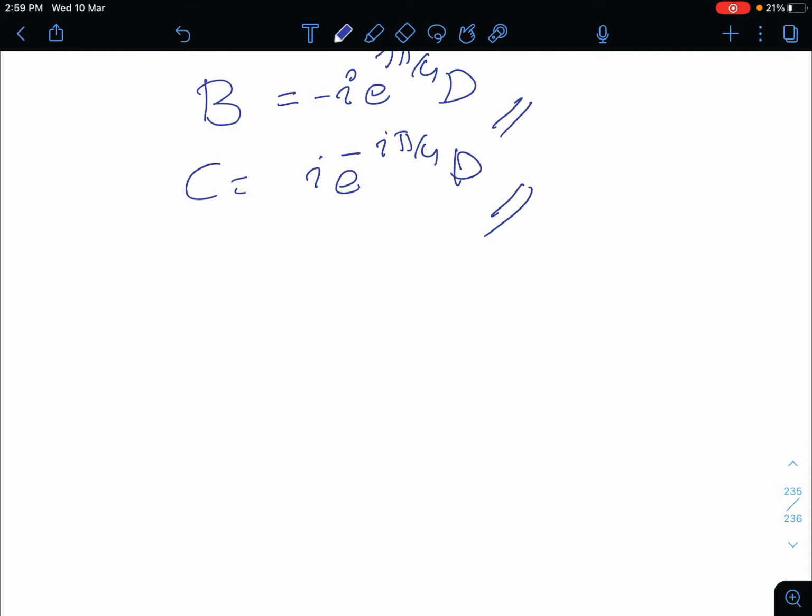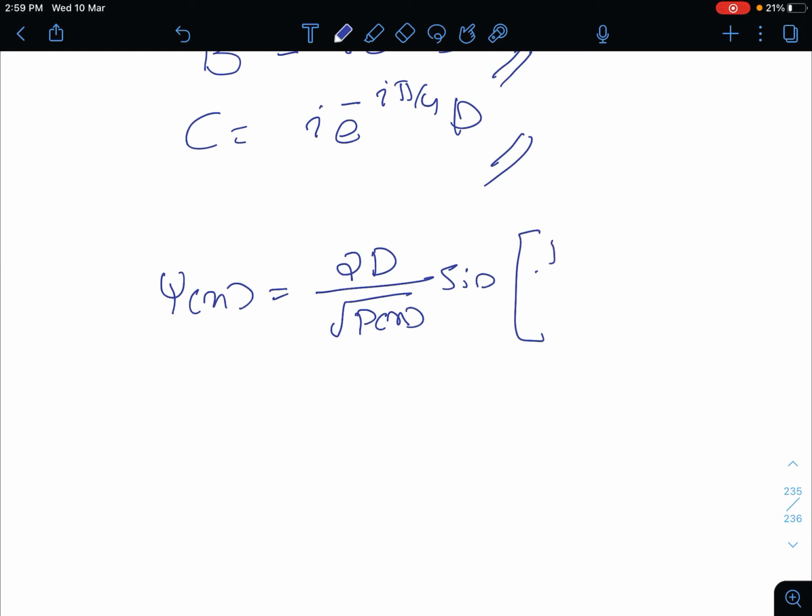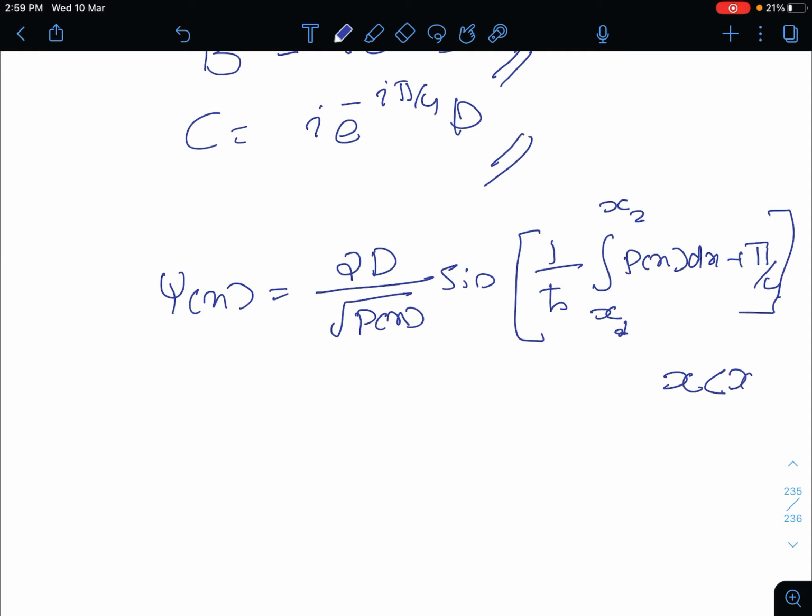If we write it in terms of a normalization constant D, the wave function psi of x, now I can write it as 2D by root of p of x sin of 1 by h cross integral x to x2, some point, p of x dx plus pi by 4 for x less than x2.